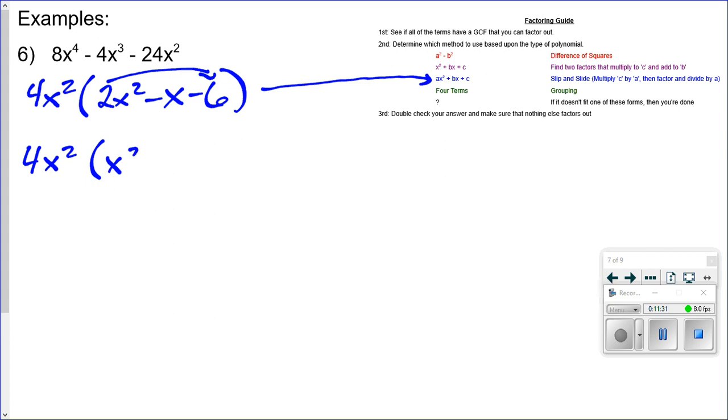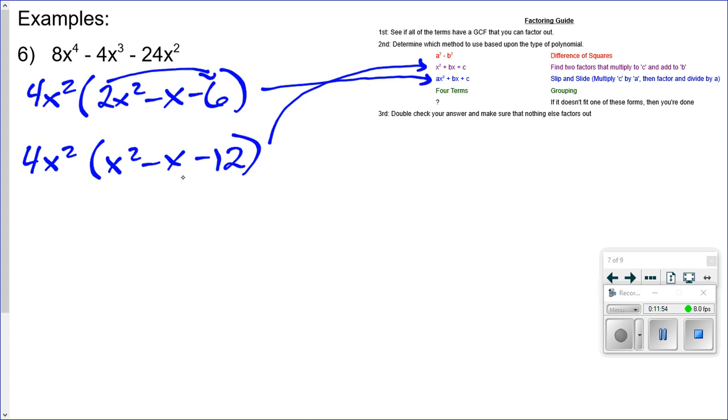So I move the 2, multiply the 2 times the negative 6. That gave me that. All right. So now I'm going to factor this. So now if you look at what we've got now, we've got one of these. What's in purple? Just a basic trinomial. So we're looking for two numbers that multiply to negative 12 and add to negative 1.